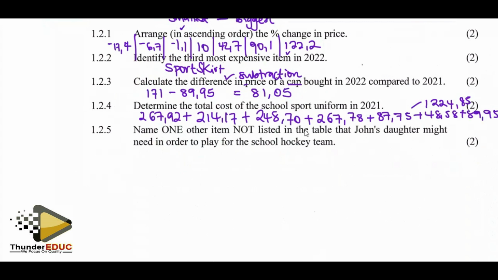Okay, they tell us to give one other item not listed in the hockey table that John's daughter might need in order to play for the school team.